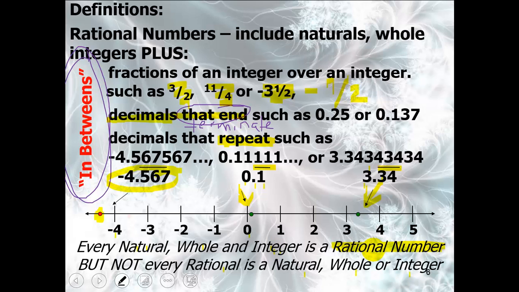If I have negative 1, it's an integer, and it's rational. But if I have negative 4.567, that is only a rational number. It's not an integer, it's not a whole, and it's not natural. So every natural, whole, and integer is also rational, but not every rational is a natural, whole, or integer. Okay?